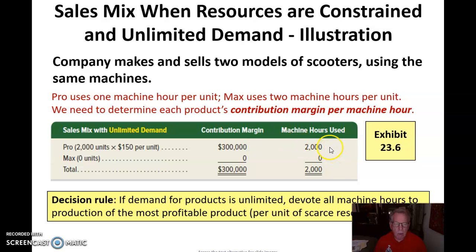And the machine hours we're going to use is 2,000 to do that. We're not going to make any Max. 2,000 hours is the maximum that machine can be run. So we're going to devote all those machine hours to the production of the most profitable product per unit of that scarce resource called machine hours.